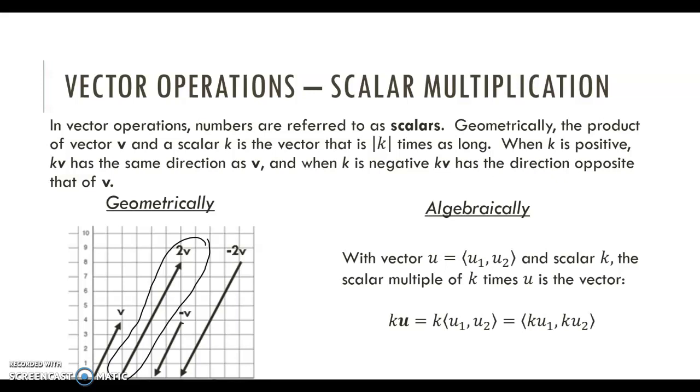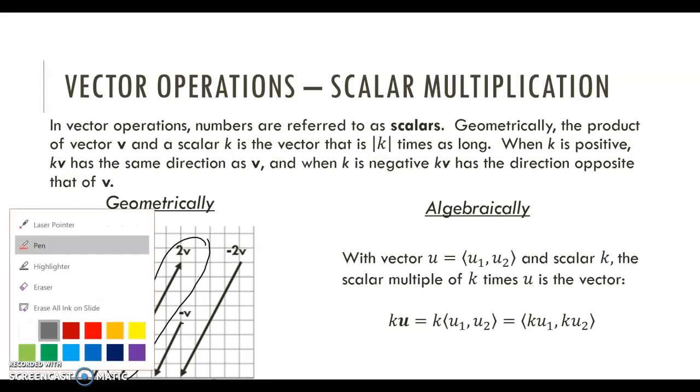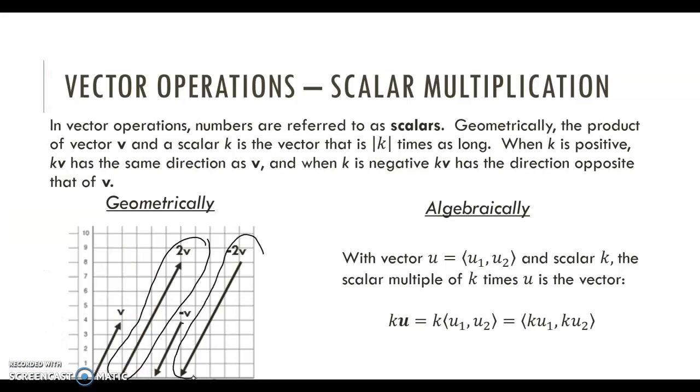So the initial point and the terminal point actually switch. And then if we have a -2 as our scalar, the vector is twice as long, but again, it is going in the opposite direction to the original vector. You can also look at the algebraic definition.